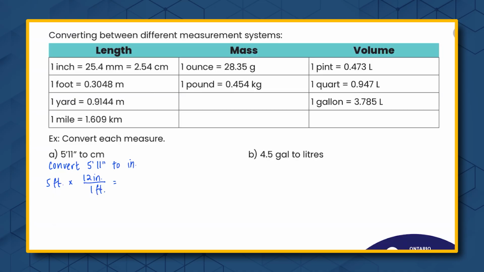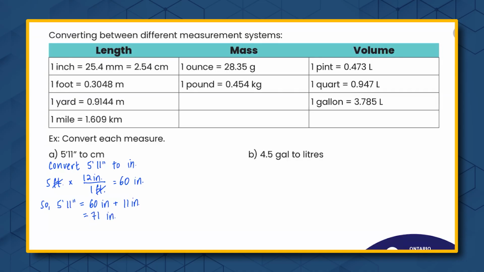When I multiply, the feet will divide out. That leaves me with 5 times 12 inches, which is 60 inches. So 5 feet I can replace with 60 inches. I'm going to add that to the other 11 inches, and I see now that 5 feet, 11 inches is the same as 71 inches.